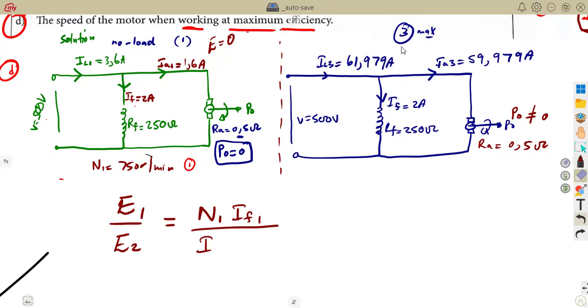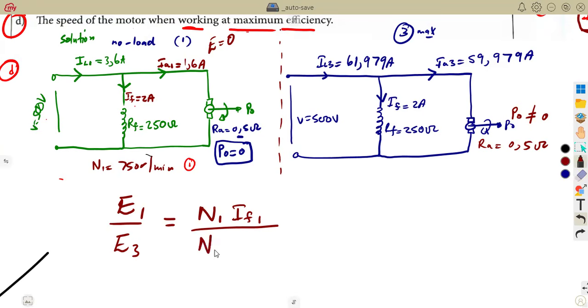Remember, at maximum efficiency, we are using this subscript 3. So I'm going to use 3 instead of 2. You used it as E1 over E2, but we are going to use 3 because we are at maximum efficiency.